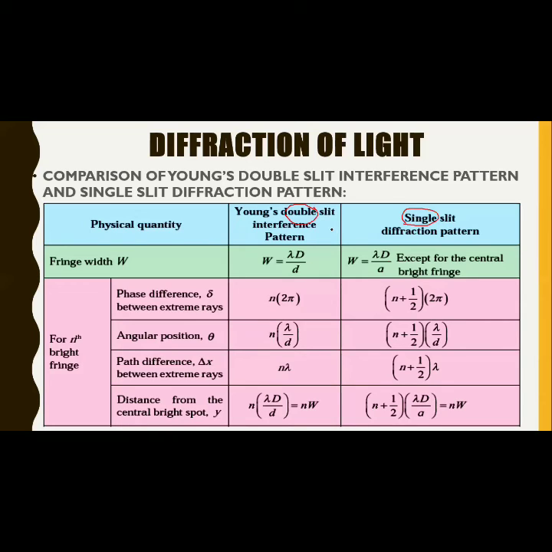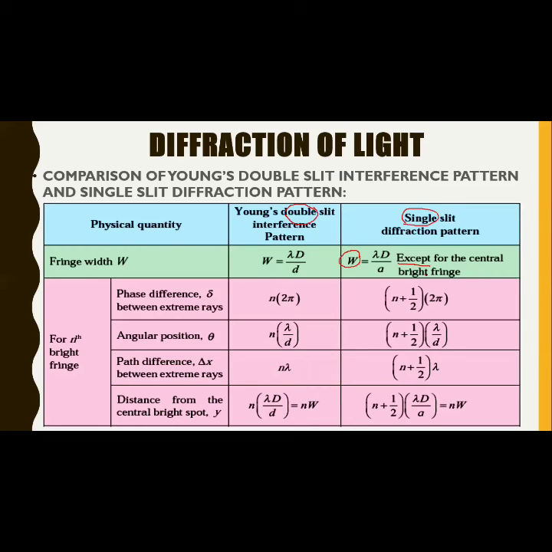Keep in mind this is the bandwidth for all fringes except the CBF, the central bright fringe. Central bright fringe का कितना 2W होता है. Only for a single slit, the central fringe is 2 times the fringe width of the other fringes.